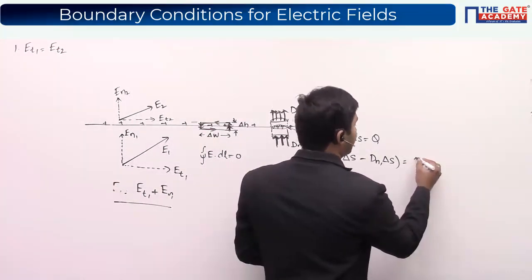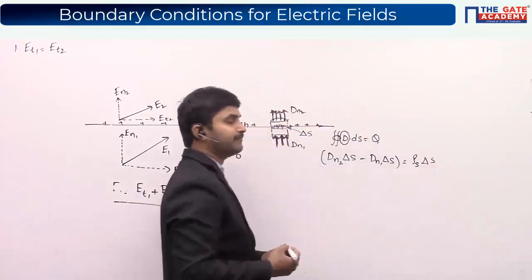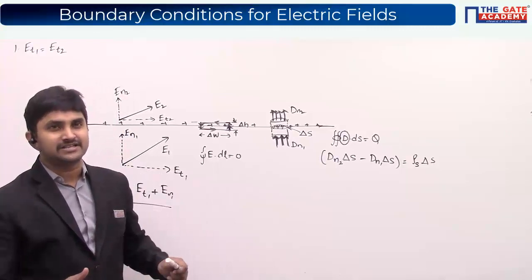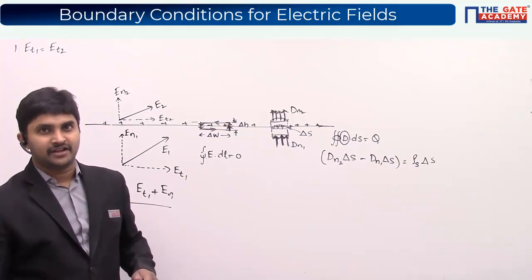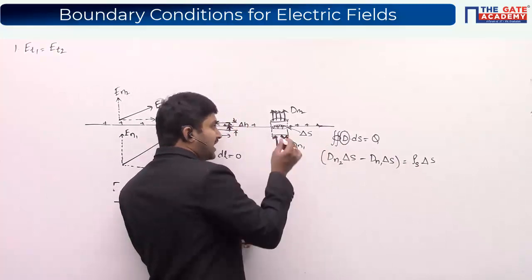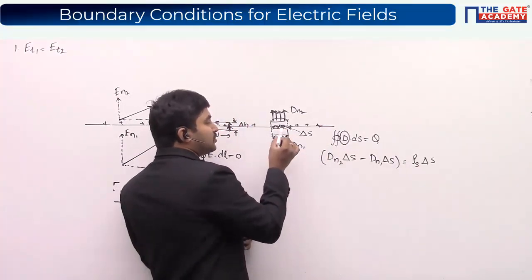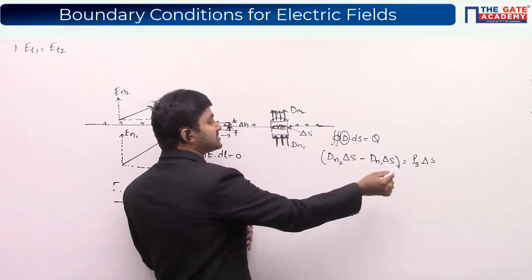Can I consider it as rho s multiplied by del s? Yes, because the charged surface that I am considering is del s. So the total charge enclosed is going to be rho s del s.